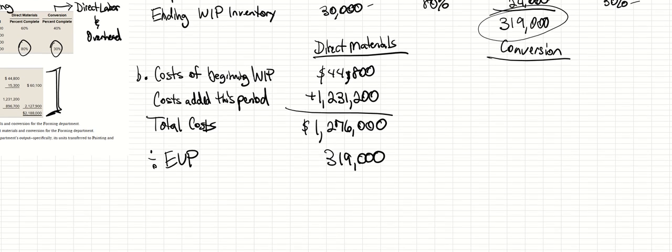All right, and so that's going to give us a cost per EUP, equivalent unit of production, of $4.